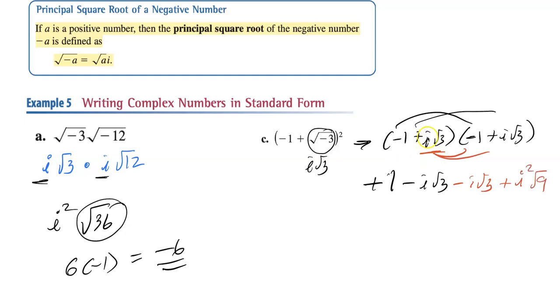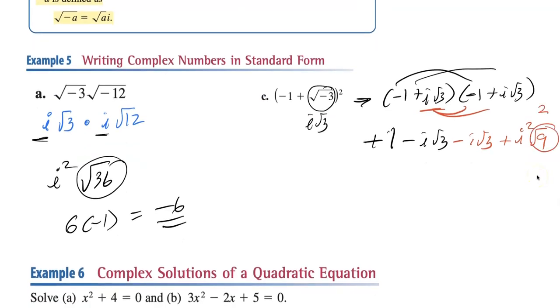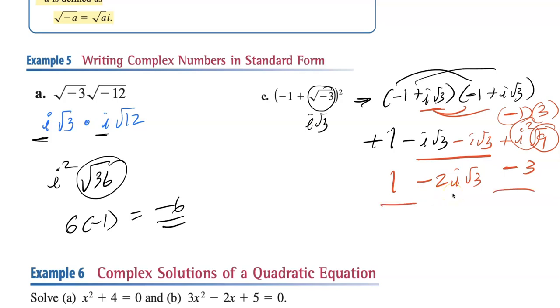Right? So i times i is i squared. Square root of 3 is rad 3 times rad 3 is radical 9. This is a 3. And then that's a negative 1. If you multiply those, you get negative 3. I can add these up and I get negative 2i square root of 3. There's 2 of them. And there's the 1 in front. Add up like terms. Negative 2 minus 2i square root of 3 is my final answer. You can factor out a 2, but there's no real point to that one.